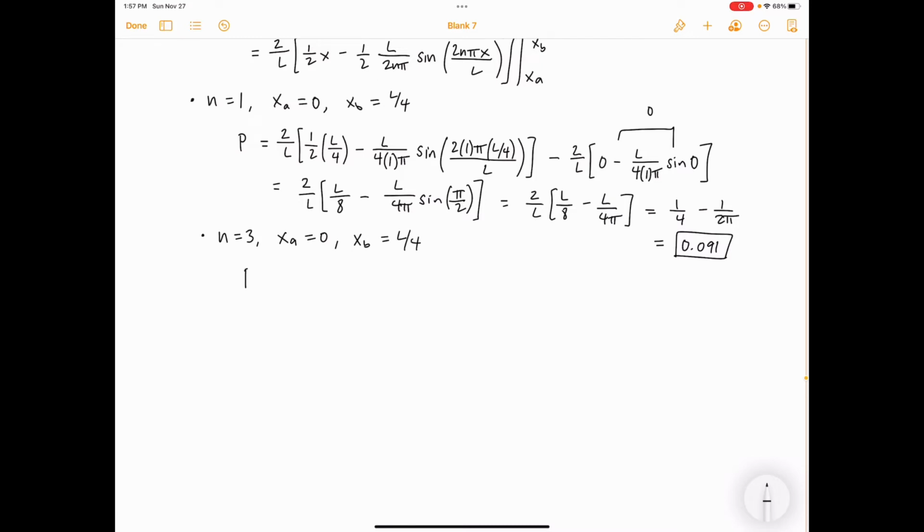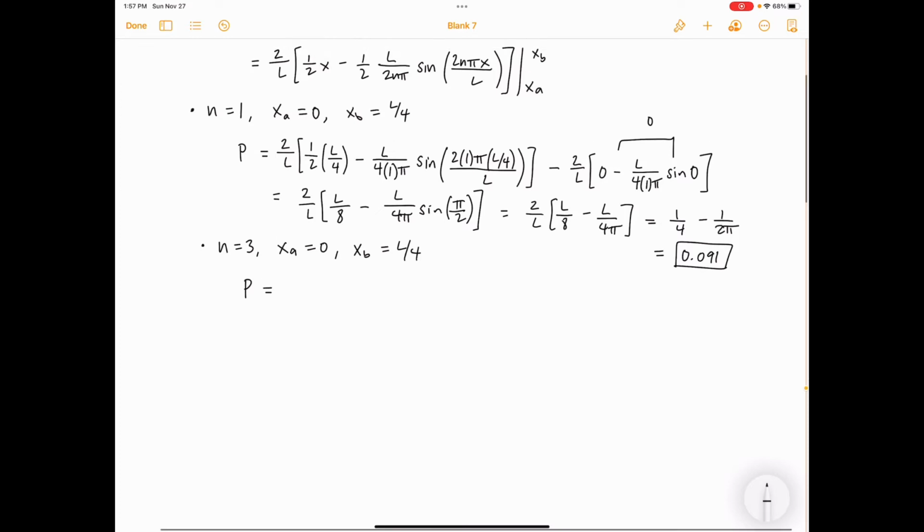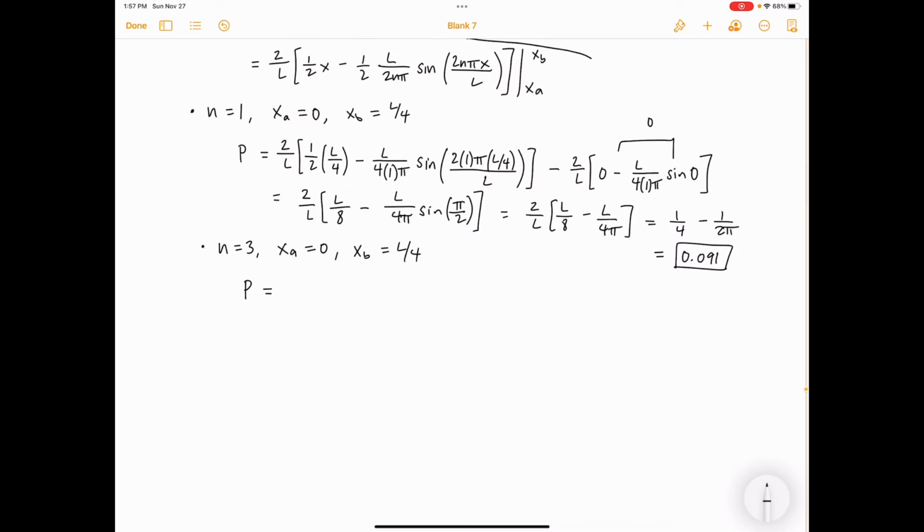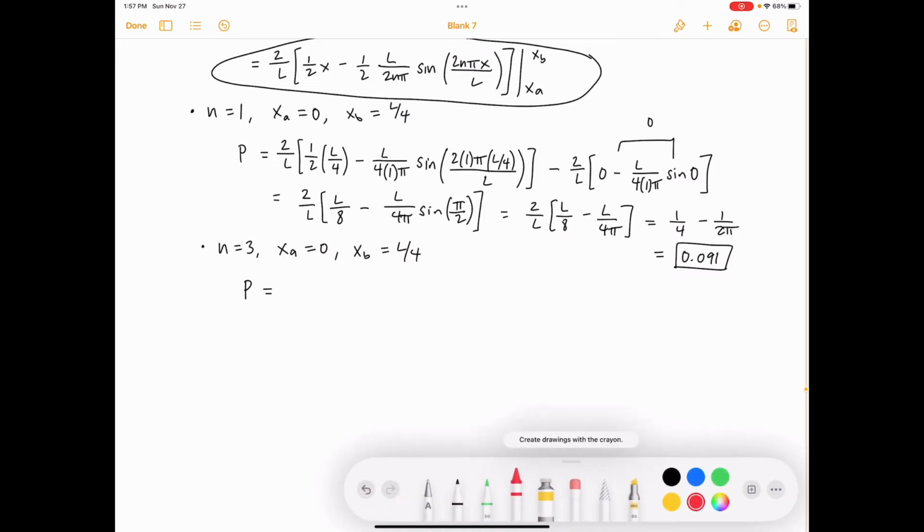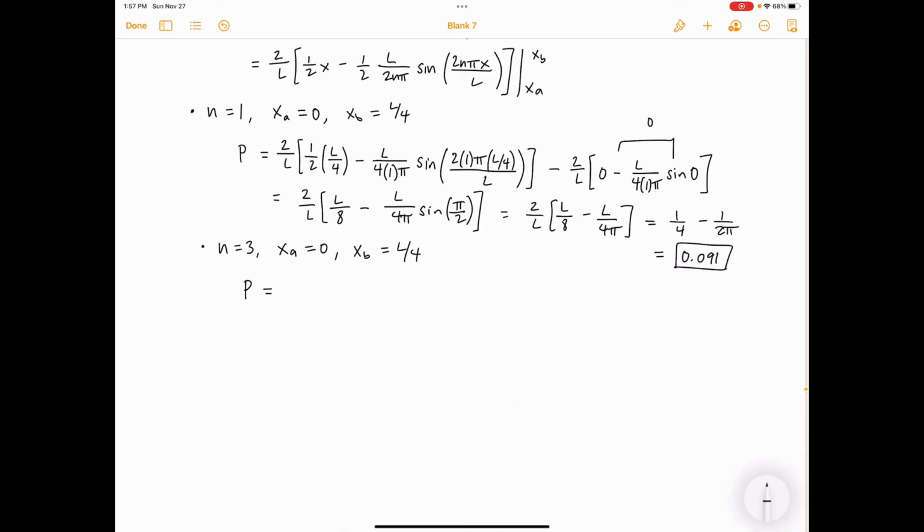Here's how the probability works out this time. So again, we're taking this expression right here, and we're evaluating between the limits xa and xb. So what do we have when we plug in the top limit? We have 2 over L, and then I have a half times x, which for the top limit is L over 4. And then here I have minus L over 4 times n.